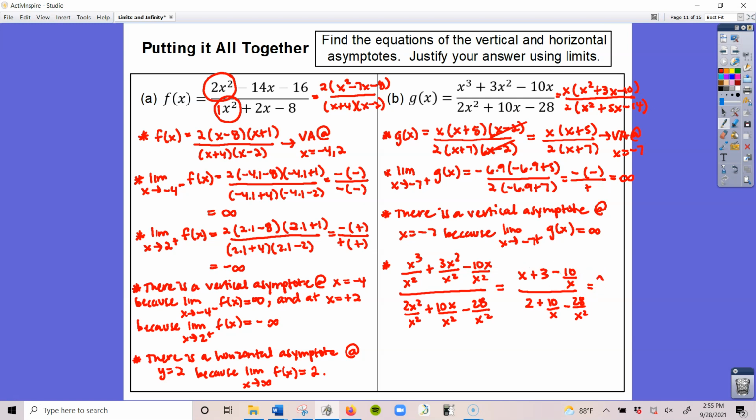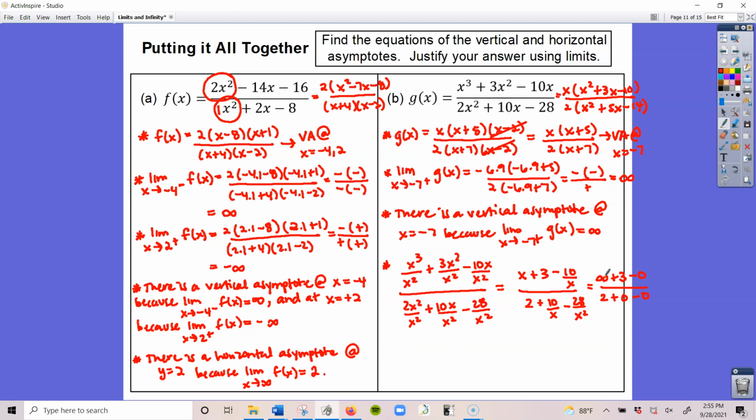So infinity plus 3, negative 10 over infinity would be minus 0, over 2 plus 10 over infinity is 0, minus 28 over infinity squared is 0. So we end up with infinity plus 3 minus 0, over 2 plus 0 minus 0. So infinity would be my answer.